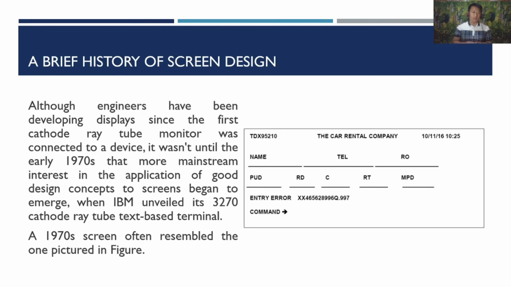All the engineers have been developing displays since the first cathode ray tube monitor was connected to a device. It wasn't until the early 1970s that more mainstream interest in the application of good design concepts to screens began to emerge, when IBM unveiled its 3270 cathode ray tube text-based terminal.